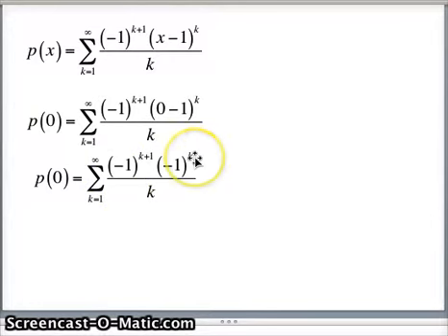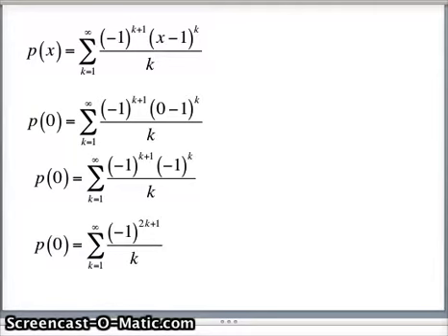K plus 1 plus k is 2k plus 1. Now, what is that? We have negative 1 to the 2k plus 1. Let's think about it. 2 times 1 plus 1 is 3. 2 times 2 plus 1 is 5. 2 times 3 plus 1 is 7. It's always negative 1 to an odd number.